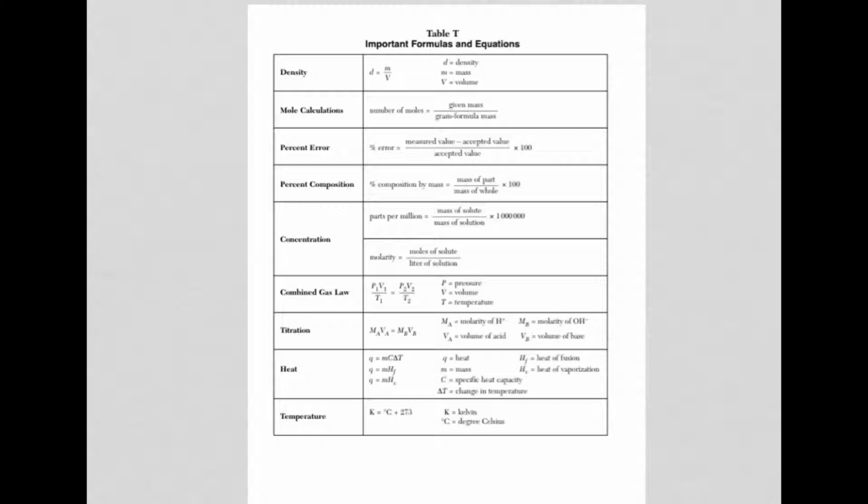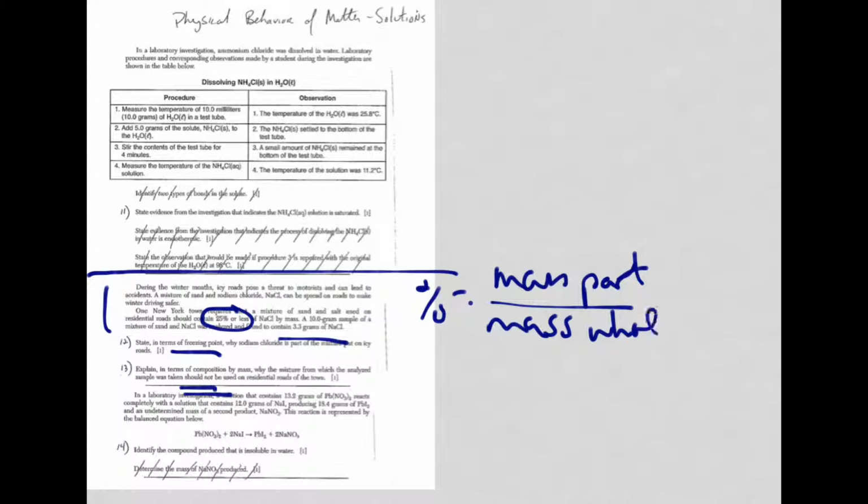If we're dealing with composition by mass, here is my equation, right? Percent is the mass of the part over the mass of the whole thing times 100.